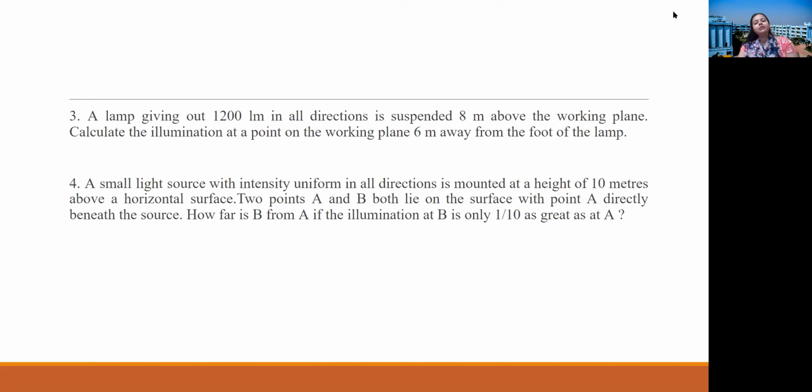Now the relation between E1 and E2 is given as 1 by 10, and from this relation we have to determine the particular x.